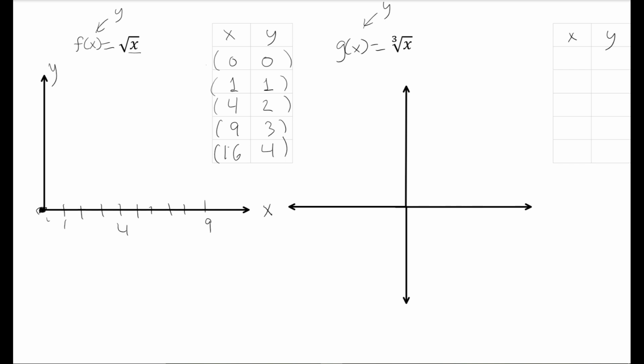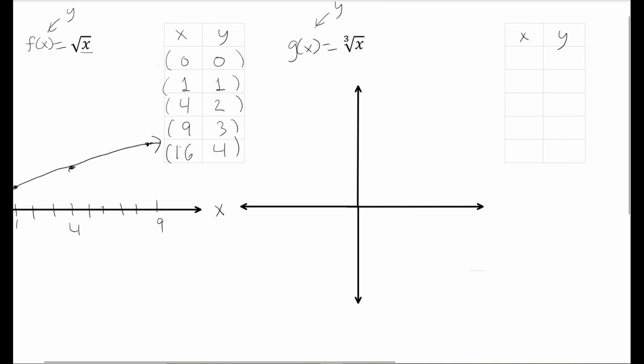So we have 1, 2, 3, 4. We have 1, 1 as a coordinate, 4, 2 as a coordinate, and 9, 3. And so we should be able to graph this. It looks like it continues in that direction, and it's going slightly upward. And that's our function for the square root of x.